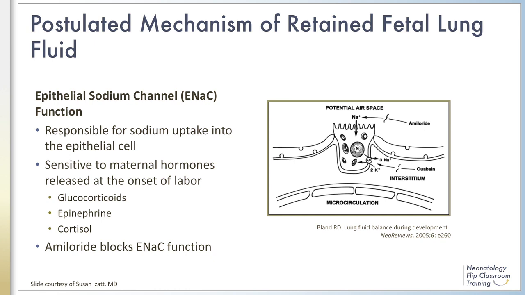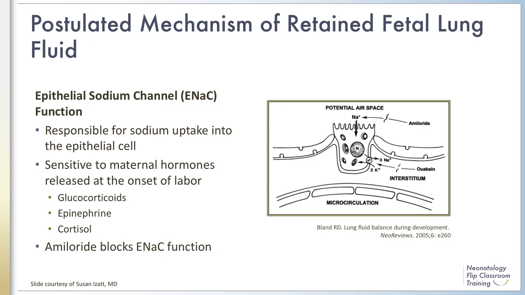It has been shown to be sensitive to maternal hormones released at the onset of labor, including glucocorticoids, epinephrine, and cortisol. In a fetal sheep model, epinephrine and isoproterenol, but not norepinephrine, led to resorption of fluid from the airspace. Exposure to epinephrine, cyclic AMP, cortisol, and aldosterone all decreased fetal lung fluid production in excised guinea pig lungs.